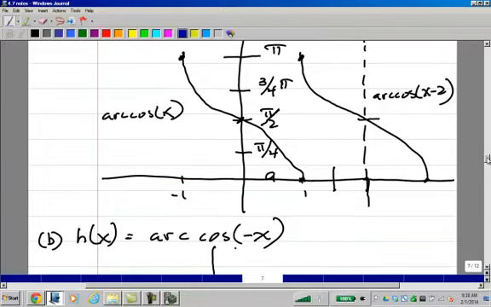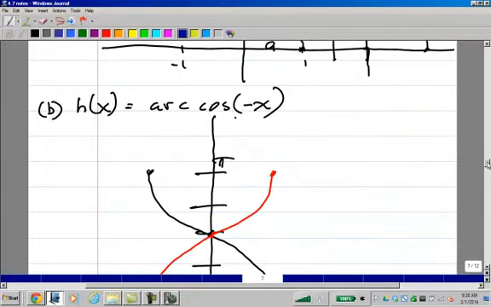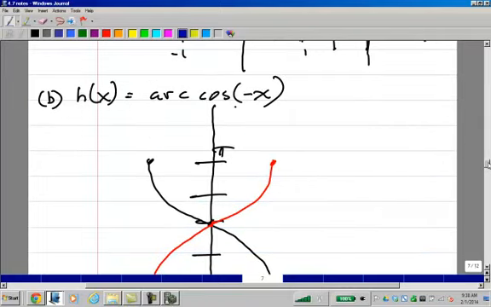And it can be reflected. So here is, this is the arc cosine of x. And this is the arc cosine of negative x.